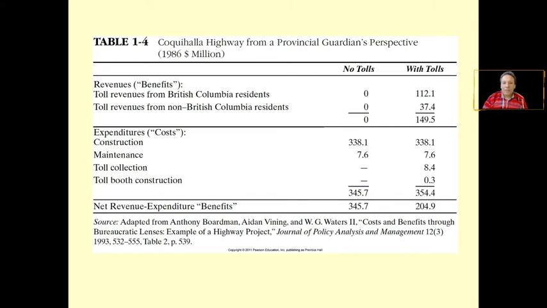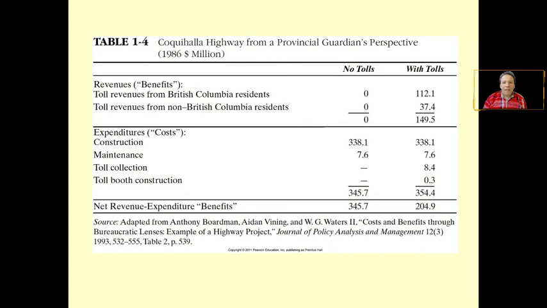So for them, wages usually are not a benefit. Whereas for the spenders, if you pay someone wages, that is a benefit because someone is benefiting from the project. So as you can see, there is a huge difference between the guardians and the spenders.